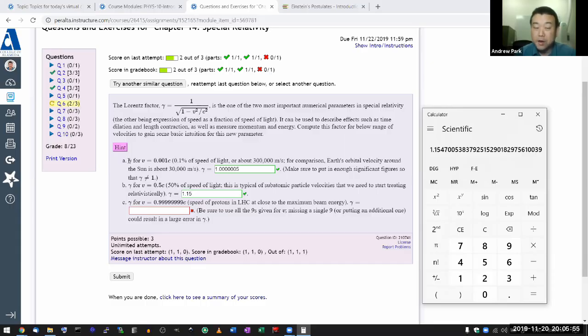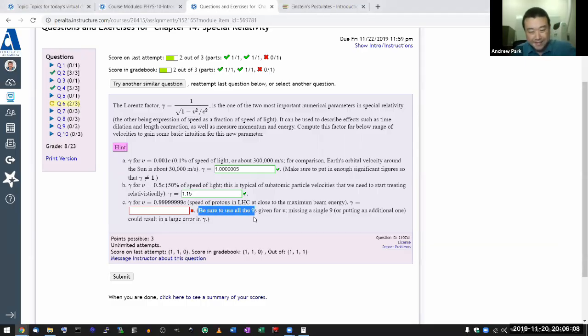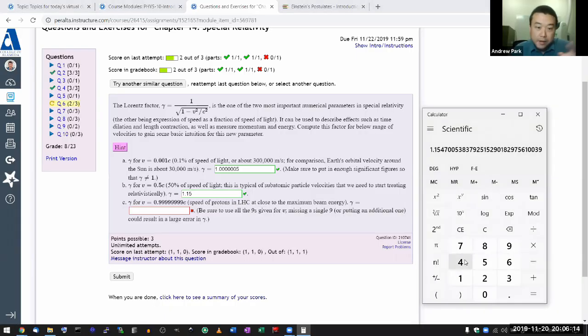In A, you have to make sure that you put in all those extra significant figures for gamma. For C, where you have to be careful is, I gave it. Be sure to use all the 9s. Missing a single 9 could result in a large error. So, I mean, you can try that on your own.